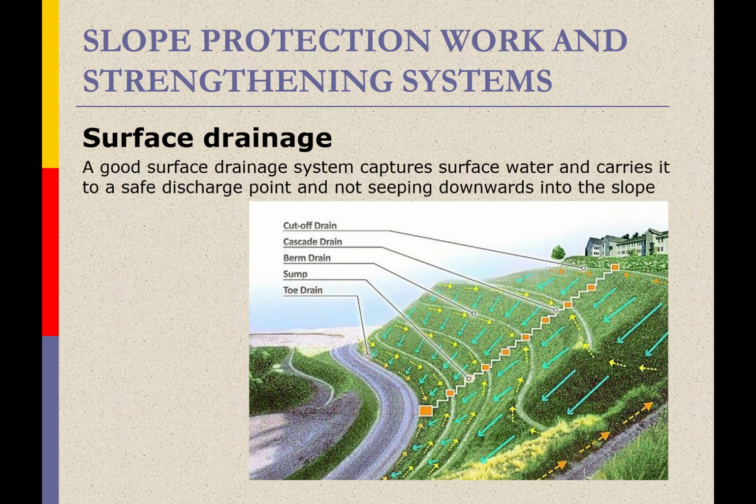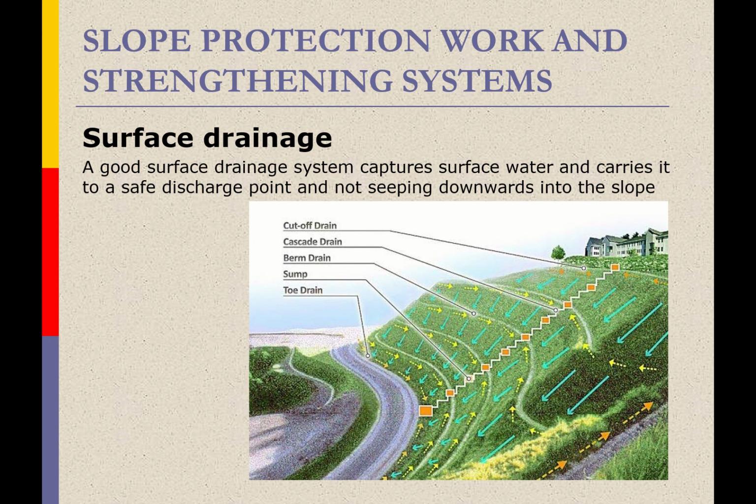Okay, and then this is the system for surface drainage. It is on the horizontal direction of your slope, and all the surface water must follow the flow, or we must provide surface drainage so that the surface water can use the drainage to drain from the slope system.